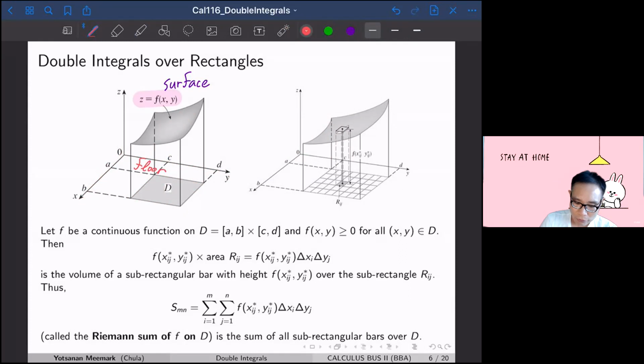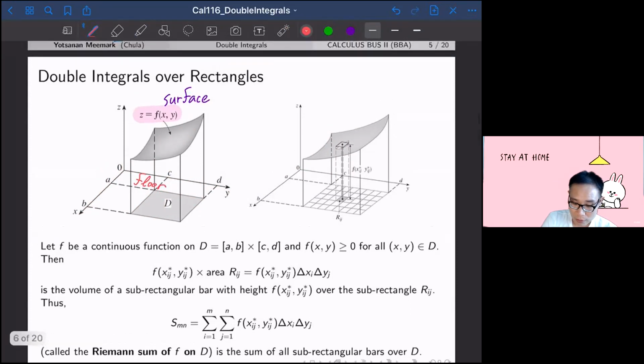If you recall calculus 1, you have the graph y equals f(x), and you are computing the area in the interval a to b.